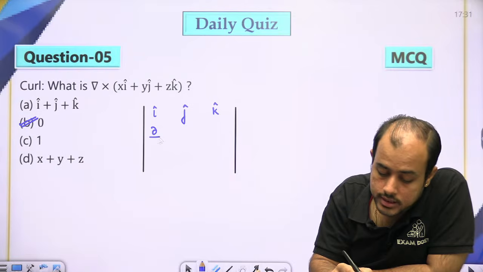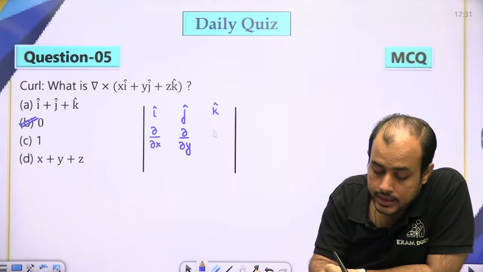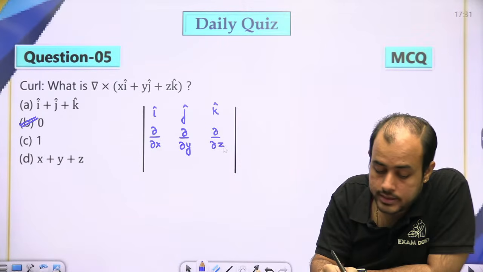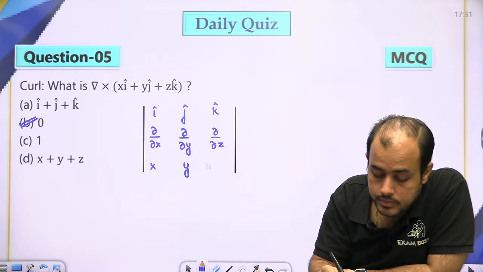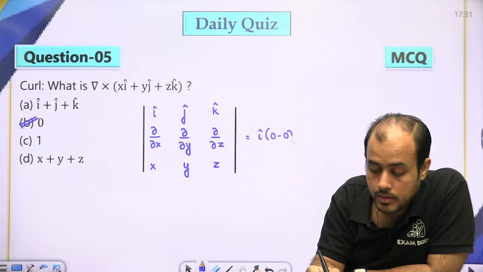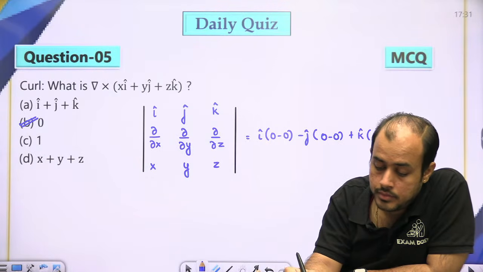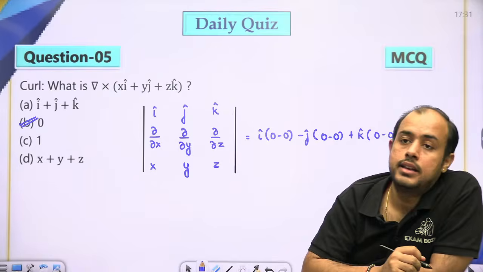It does not curl or it does not circulate, and hence the curl is always 0. So answer will be null vector.